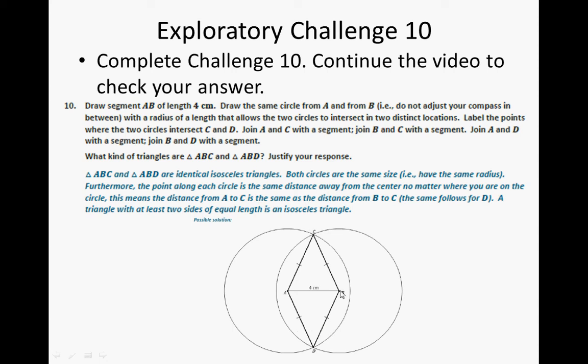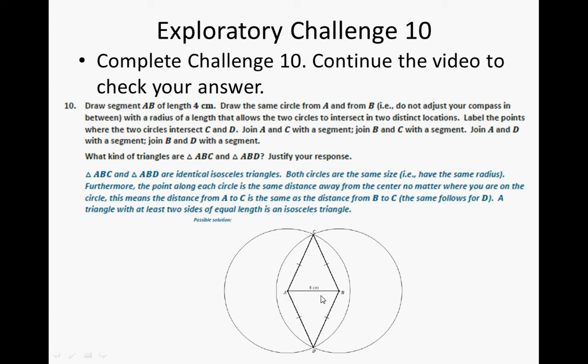Then, using point B as our next radius, we go ahead and draw a circle. And so now we have where the two circles intersect, we have C and D. Then from that we go ahead and create AB.